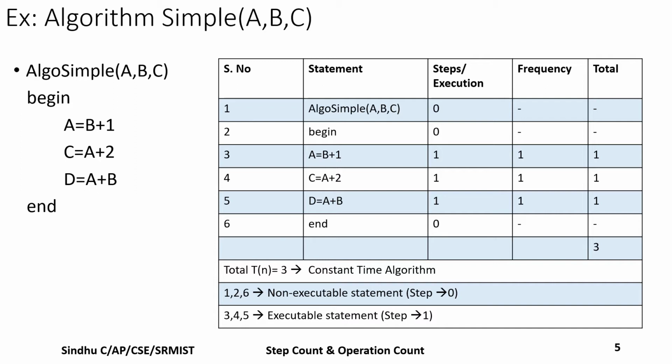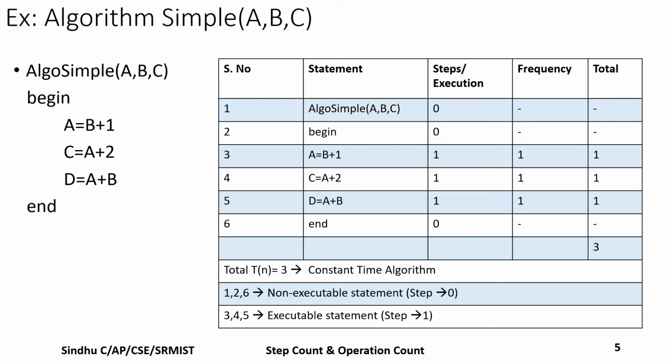Now to the right hand side you have a table where we are plotting these statements, and for every statement we are going to write down these steps, and then we have to calculate how many times it is occurring, which is the frequency. And finally we are multiplying the steps and the frequency for calculating the total.